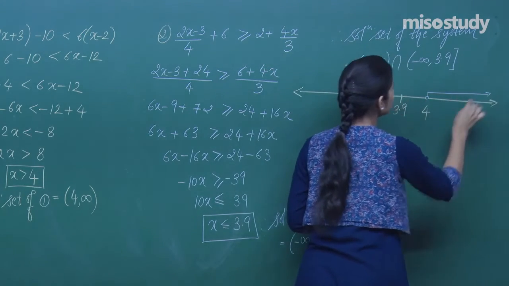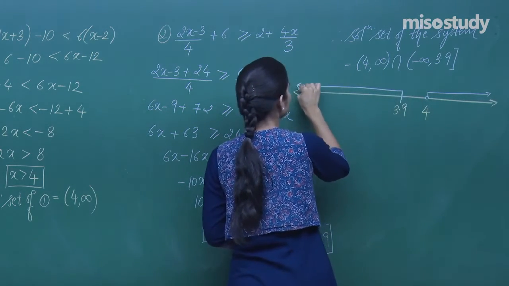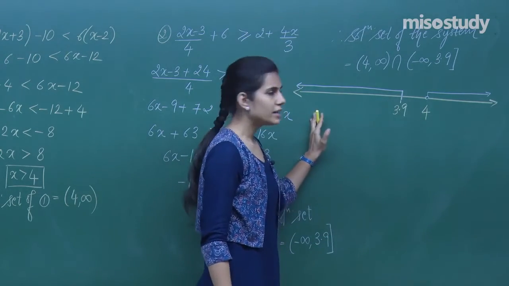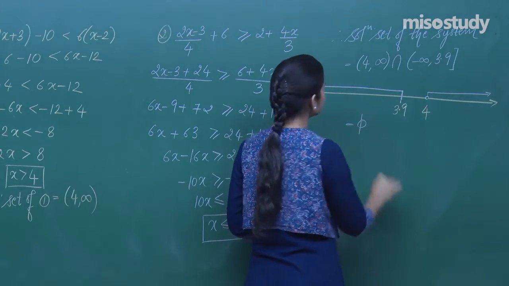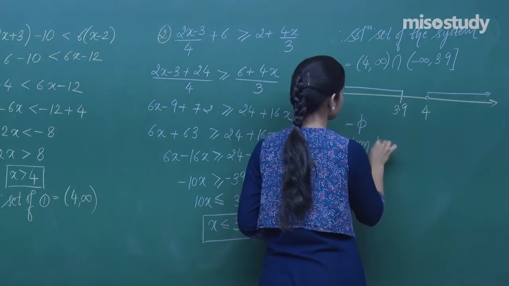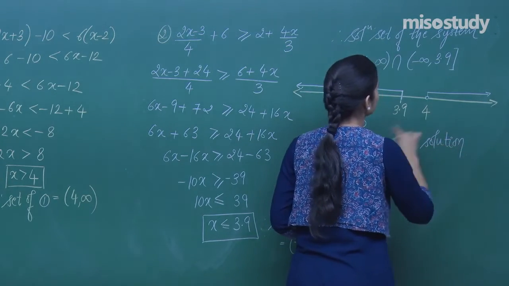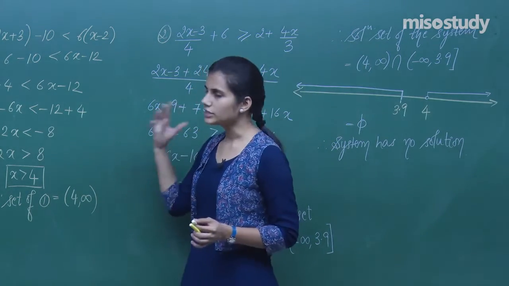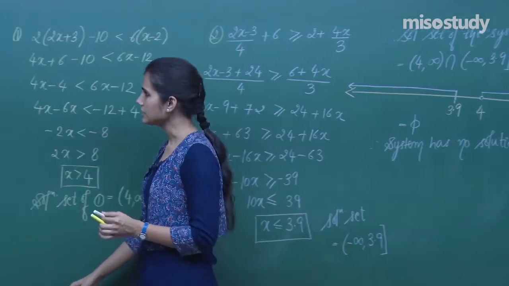Then you have 3.9 included and everything before it. Can you find any intersection between these two regions? One is 3.9 and before 3.9, one is not 4 but everything beyond 4. Clearly the intersection is an empty set, and therefore the system has no solution, because absolutely no intersection is there between the solution sets of both the inequalities forming the system. That means there is no x satisfying inequality 1 and inequality 2 together, and therefore there is no x which is a solution of this system.